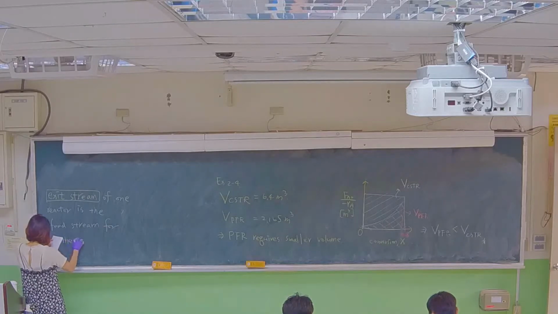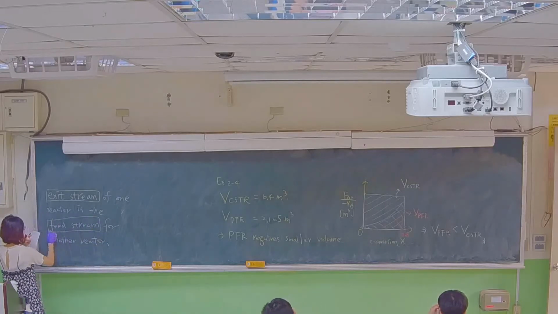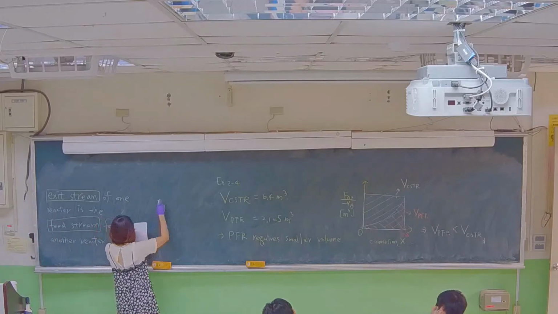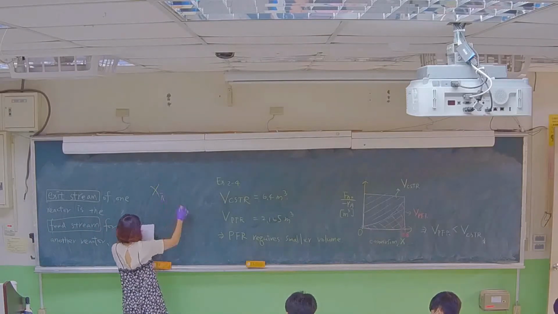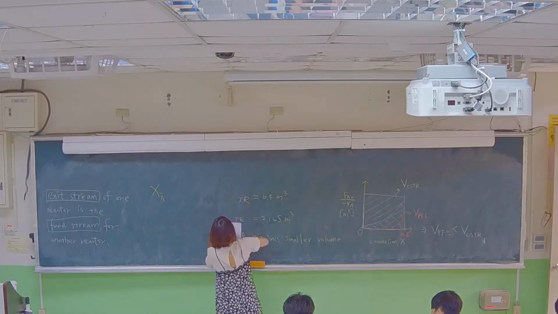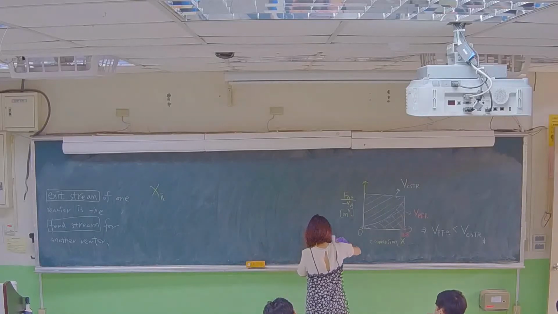Because they are connected in series. So let's define the conversion Xi. I means the number of the reactor, the sequence of the reactor.